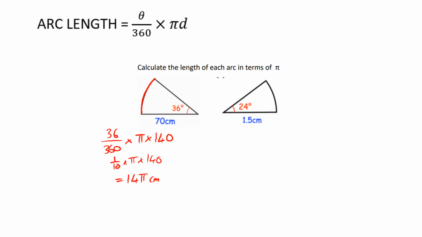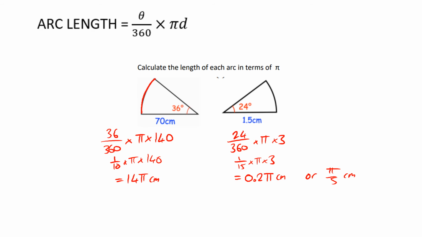Don't forget units, centimeters. Have a go at the one on the right, and I'll see you in 3, 2, 1. And there we go. Do remember it's got to be in terms of pi. You could also have pi over 5 centimeters. I'm not sure which one of those appeals to you more. I like 0.2 pi. Just feels right.